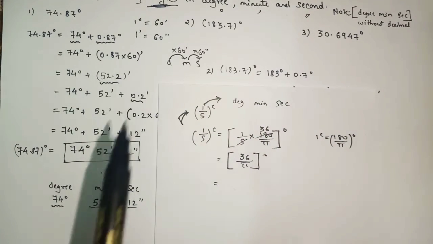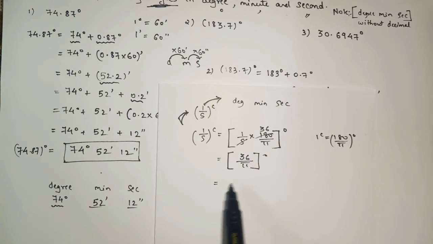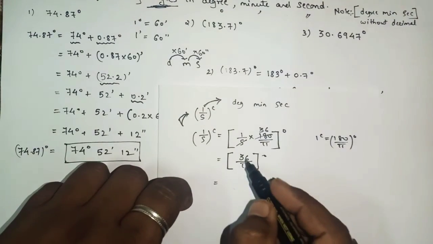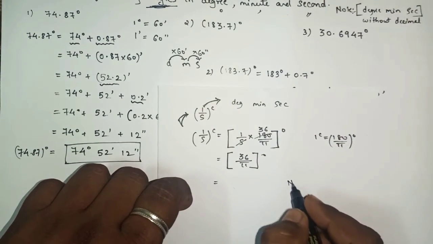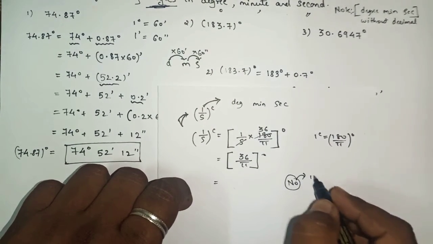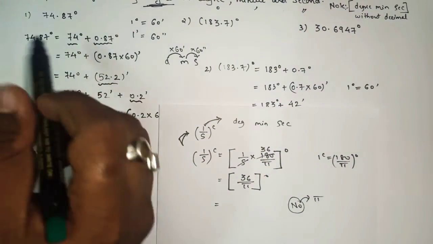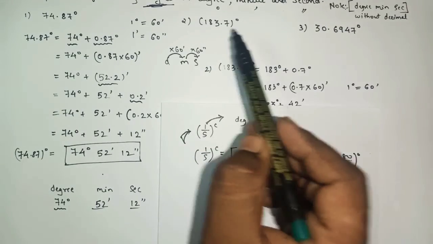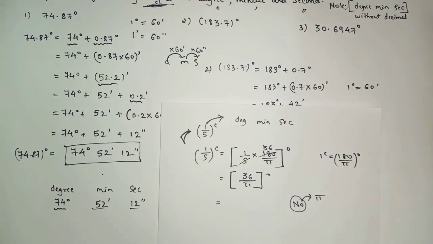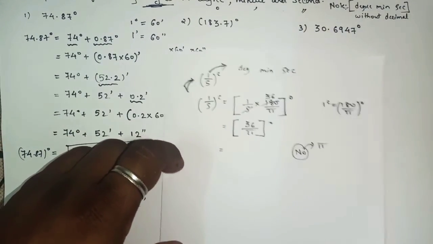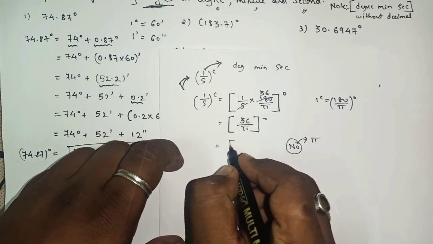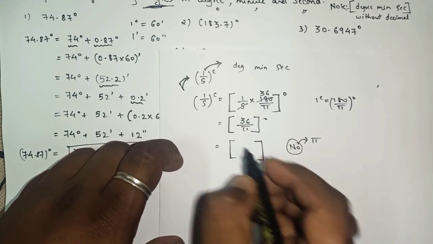As the answer, this complete answer should be in number, not in terms of pi, yes or no? As we saw the first example, it was in number. The second example also was in number. Here also it is in number. So what exactly you have to do in the next step?